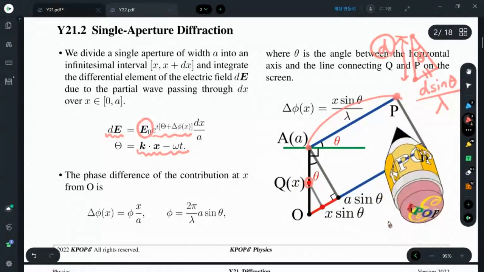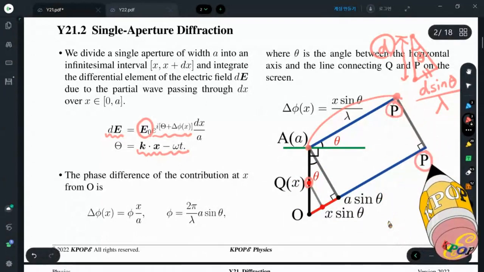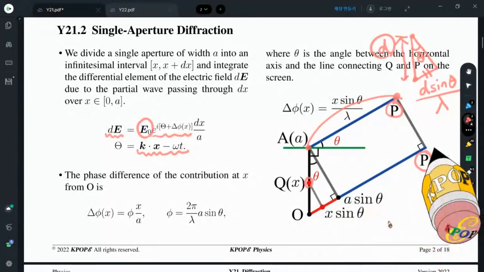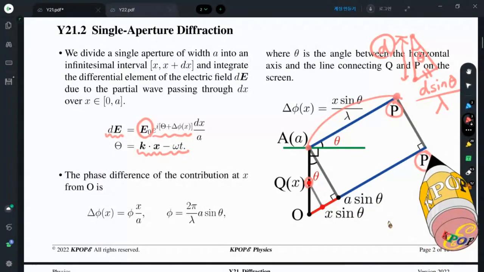We remember this P and this P, these two P's are actually the same in the limit as capital D, the perpendicular distance between the aperture and the screen, is very, very large.